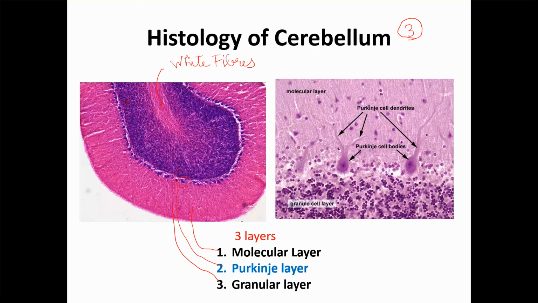The afferents which reach the cerebellar cortex are usually conveyed to the cerebellar nuclei via the axons of Purkinje cells. So if there is any afferent coming to the cerebellar cortex, then it is going to the cerebellar nuclei.